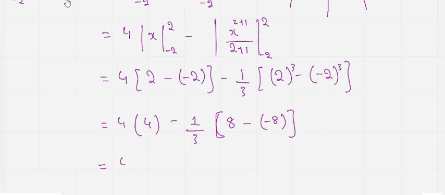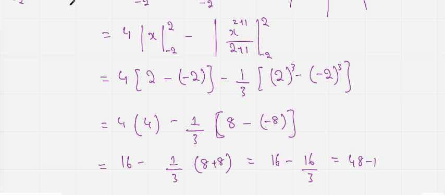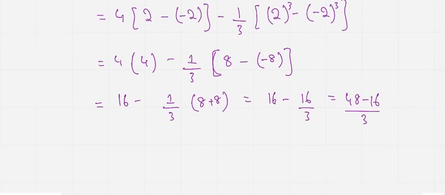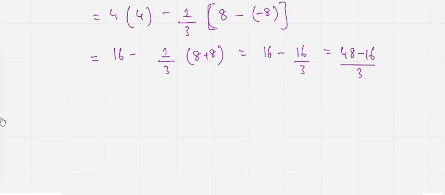So it is going to give me 16 minus 1 upon 3 times (8 plus 8). So it is 16 minus 16 upon 3, which is 48 minus 16 upon 3. Finally, it gives me 32 upon 3 square units.